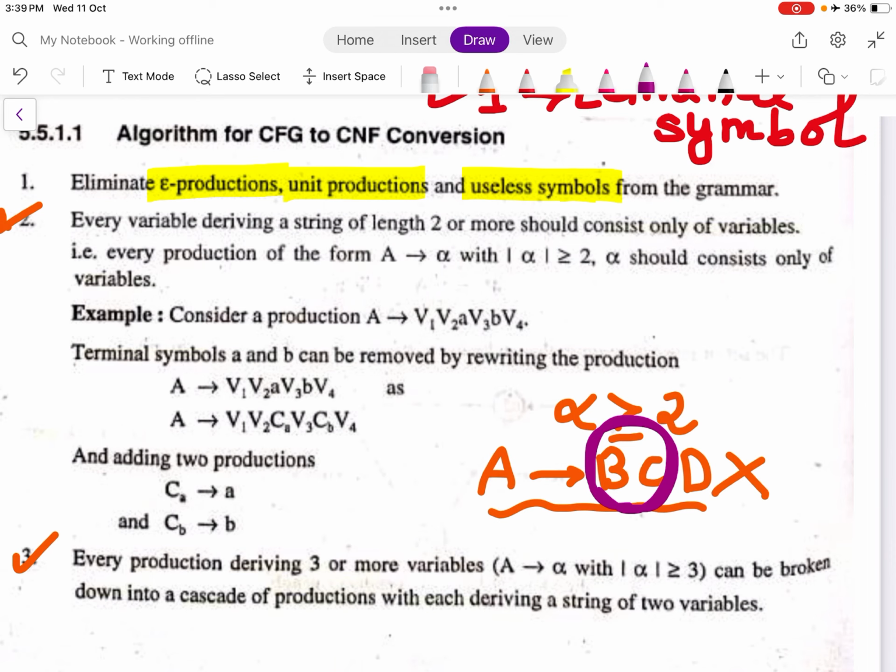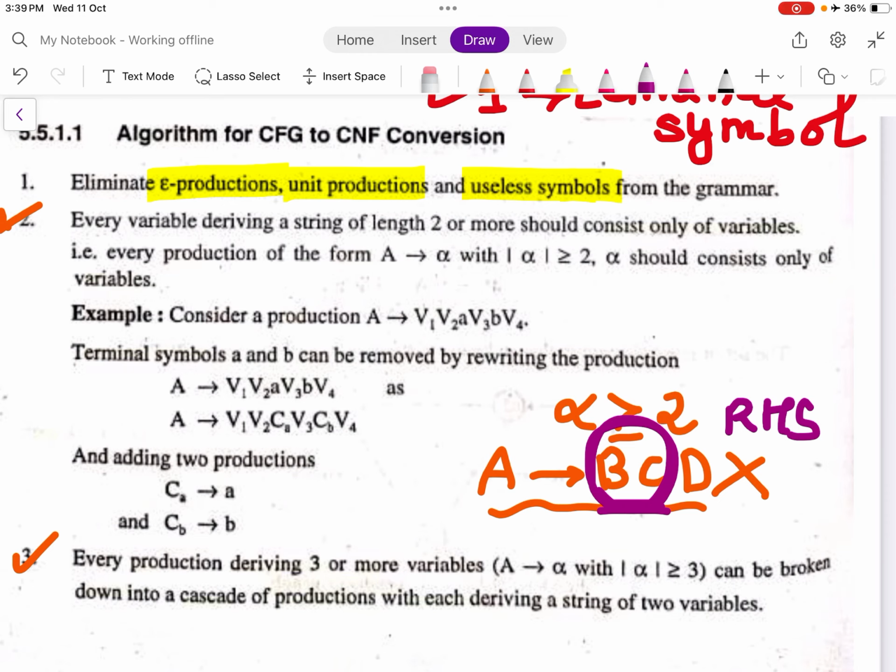Then what we'll do, we will divide this. We'll go on dividing this and only we want two variables in the RHS. So consider production A gives V1 V2 a V3 b V4.